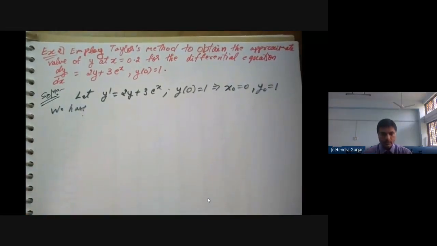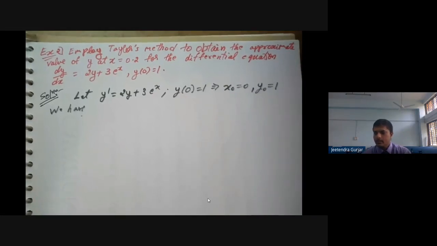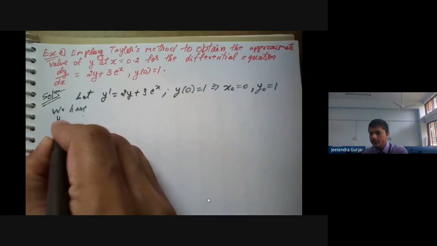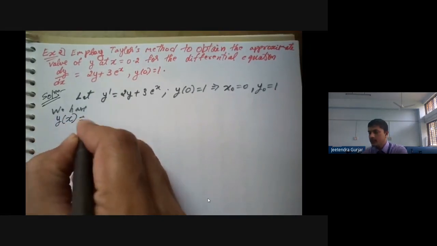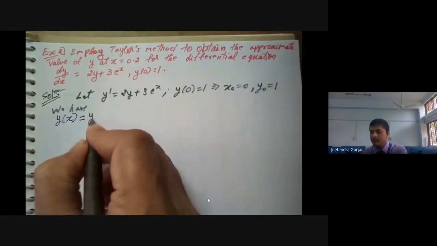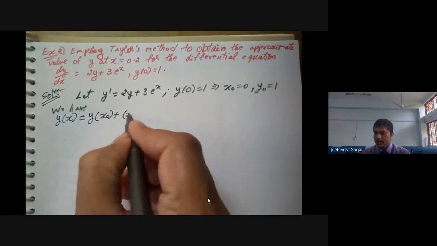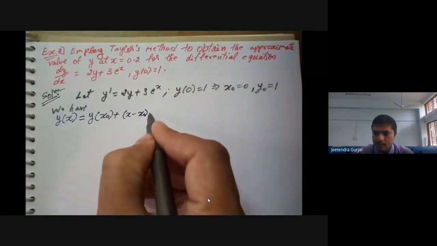Next, what we have here is we have to first write down the formula. As I have told you, we are going to have the degrees, but here they have not mentioned. So to get accurate, at least third degree is required.